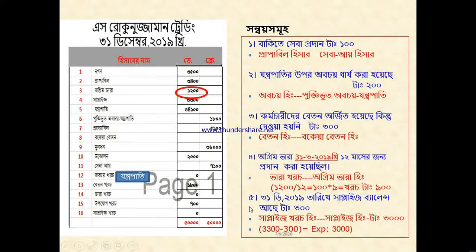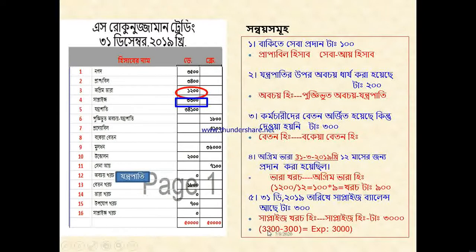Adjusting number 5. At the end of 31st December 2019, the supplies balance is taka 300. But at the beginning of this year, how much was the supplies amount? 3,300. Now the remaining amount is 300.